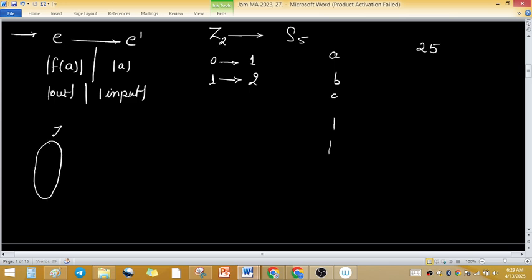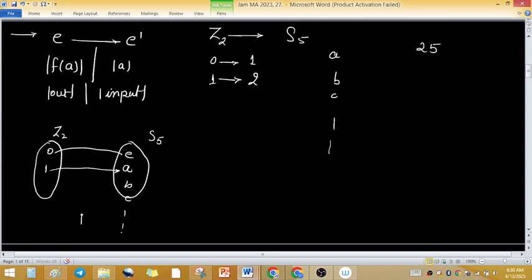Let's say this is Z2 and this is S5. So 0 goes to identity. Identity maps to identity. Now this is element 1, suppose it goes to A, and the other elements remain left.